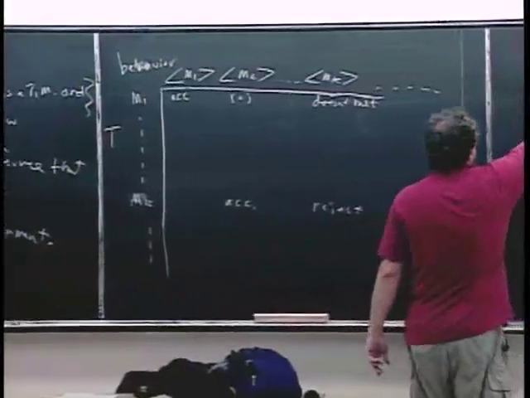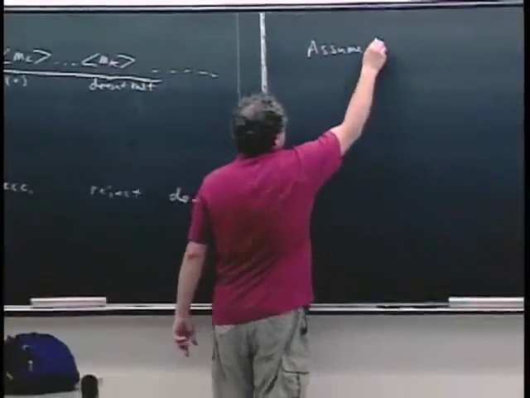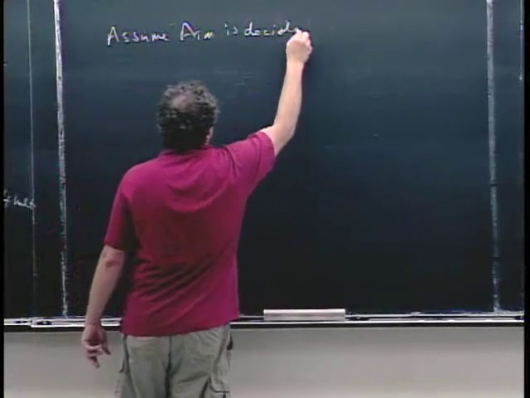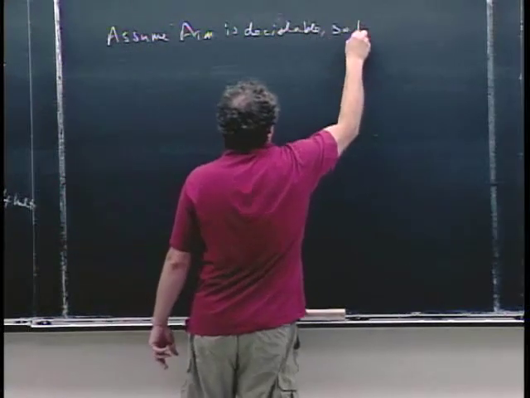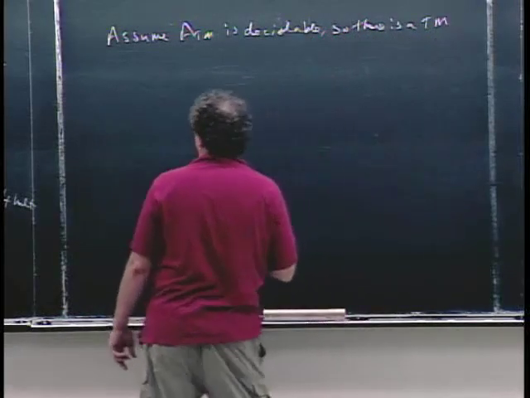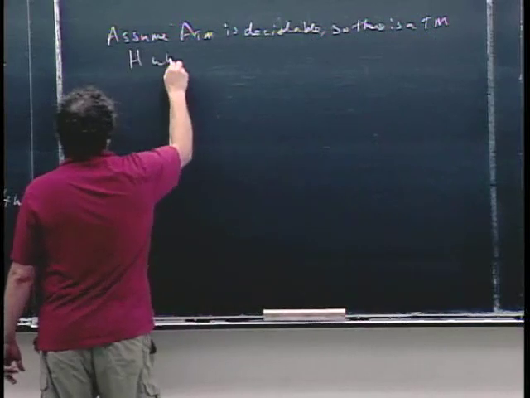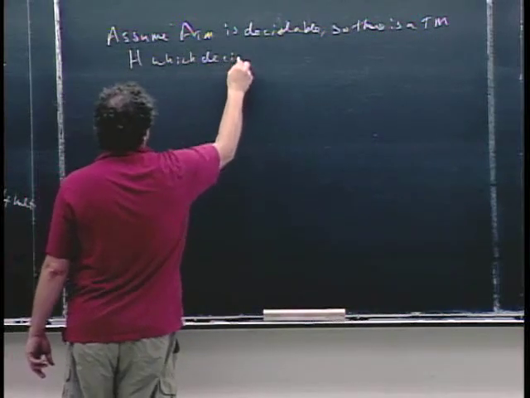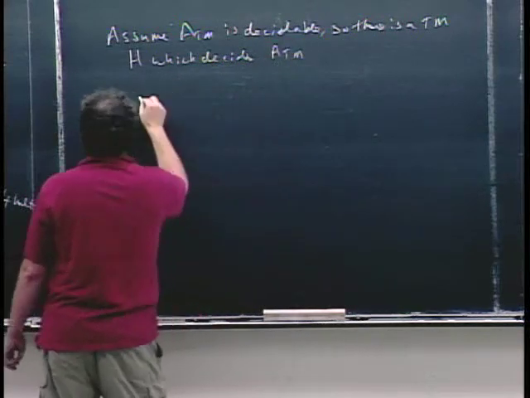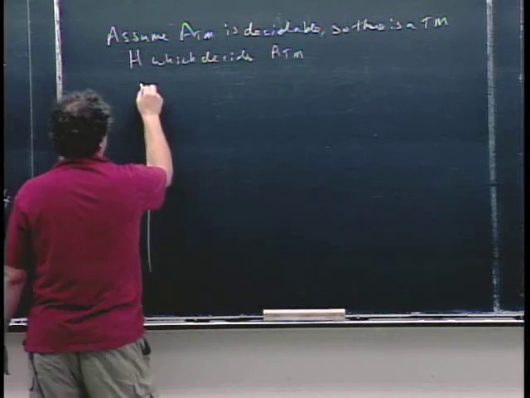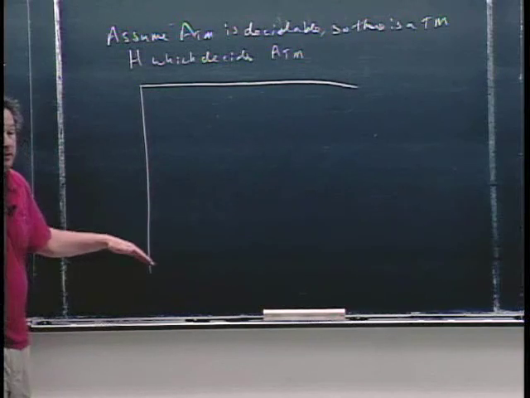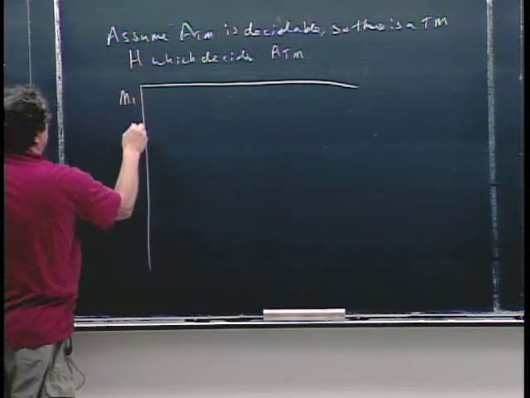So we assume ATM is decidable. So there is a Turing machine, I'll call it H, which decides ATM. And H has a table too, which describes its behavior. So this is the behavior of H on its input. But its input I'm going to describe this way.